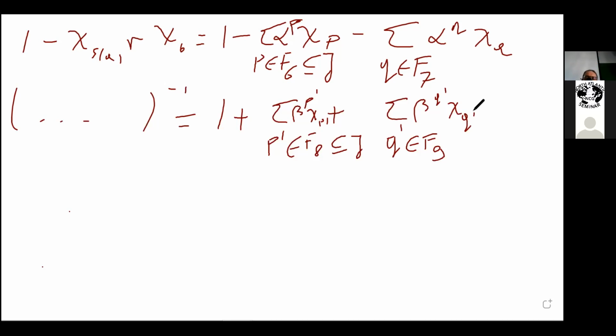Because remember that if I compose a path in J with anything on the left or right, it will be a path in J. So if I take the second term in the first equation on the right-hand side and multiply by everything else, then all these 3 terms will again be spanned by paths that are in J. Okay, the same goes for the second term on the right-hand side of the second equality.